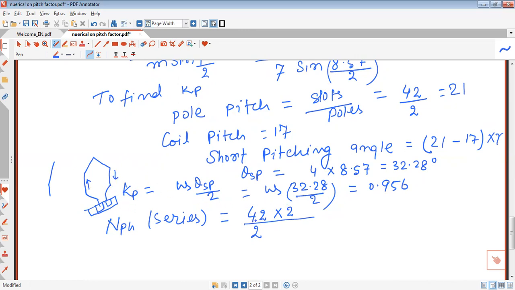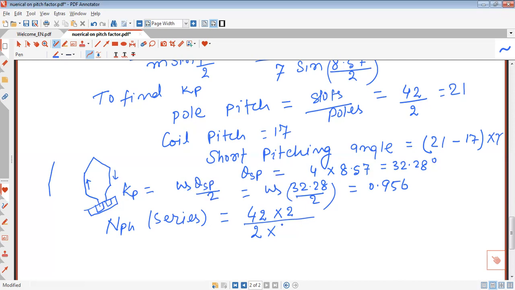So the total number of conductors is 42 multiplied by 2, and to convert into turns we have to divide it by 2. In a single turn there are two conductors, so we divide the number of conductors by 2 to get the number of series turns.